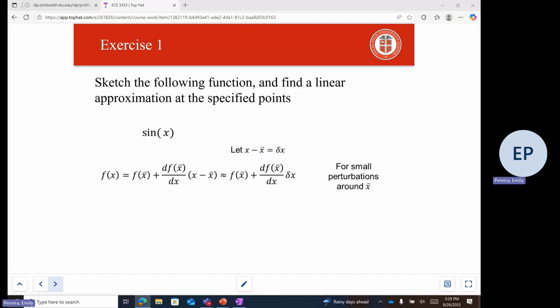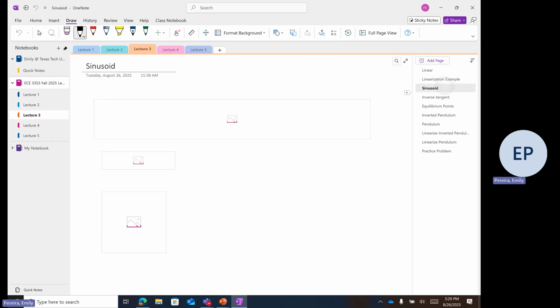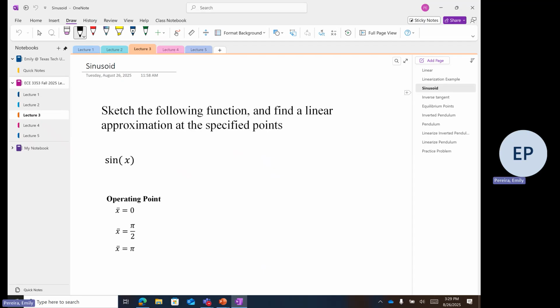Okay, let's go back to our notepad. So now we're being asked to sketch the following function and find a linear approximation at the specified points.